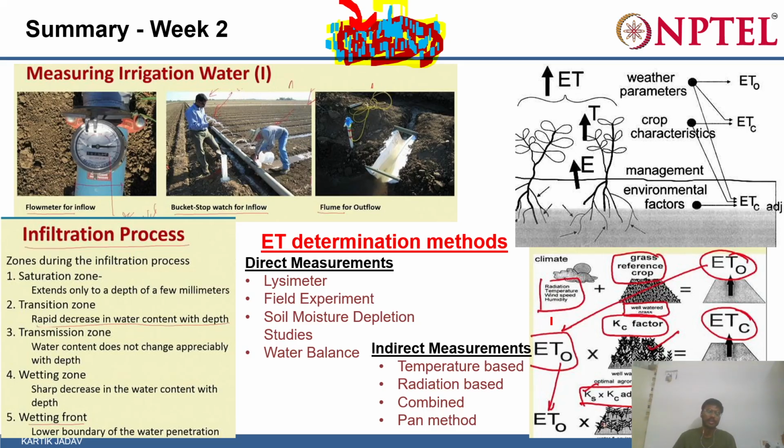Suppose rice and sugarcane have a high water requirement, while certain pulses or wheat have a lower water requirement. Considering all this, we have understood that evapotranspiration is the major water requirement of a plant.